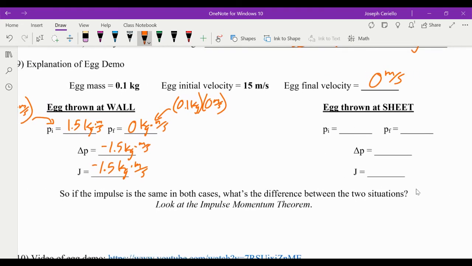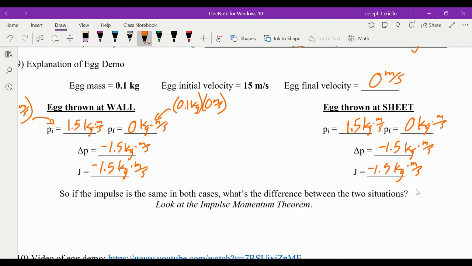And actually, if we throw it at the bed sheet, this all works out the exact same way. Because what's different? The initial velocity is no different. The mass is no different. The final velocity is no different. So these all come out to be the same. So the change in momentum is p final minus p initial, as is the impulse.